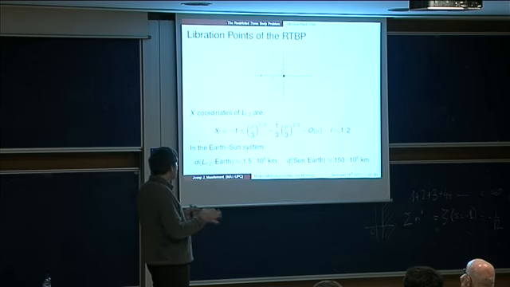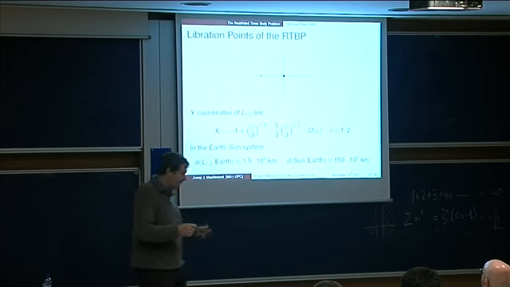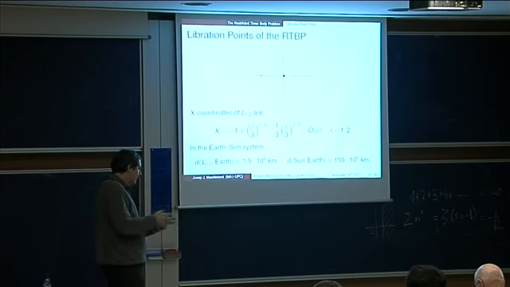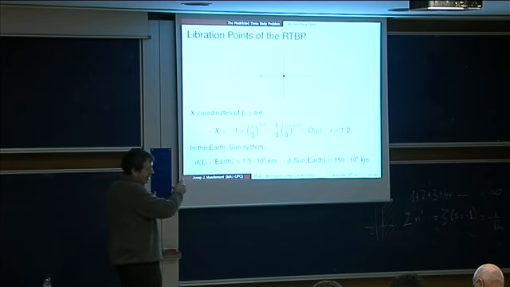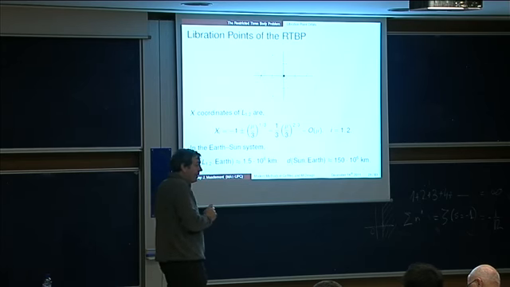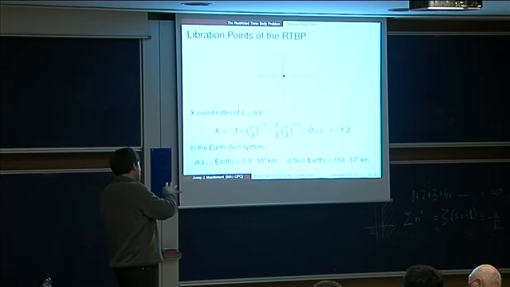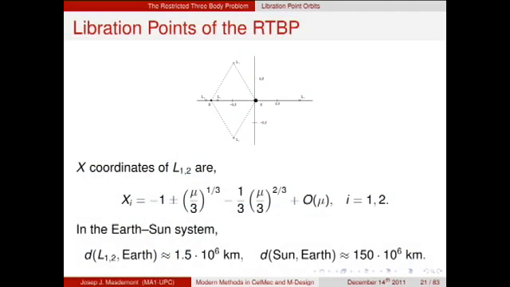So it turns out that the problem only depends on a mass parameter, and you can convert any system, Sun-Jupiter, Sun-Earth, to this restricted problem just by computing the mass parameter of the system. And then once you have solutions in this problem, you can translate them into the physical system by means of suitable conversions of coordinates. Okay.